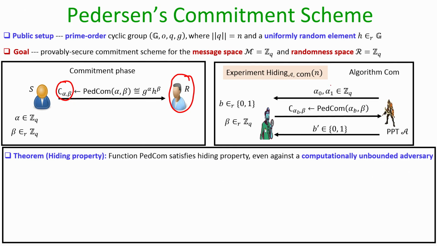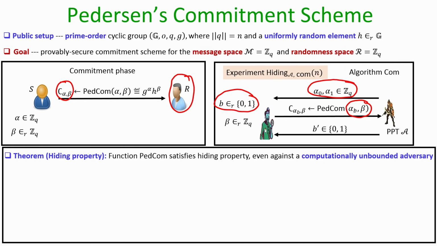The adversary might submit a pair of messages, say alpha 0, alpha 1, and the challenger would randomly pick one of those two messages for committing, and to commit it picks a uniform randomness beta and computes the Pedersen commitment of the message alpha sub b. The goal of the adversary is to find out whether it is seeing a commitment of alpha 0 or of alpha 1.